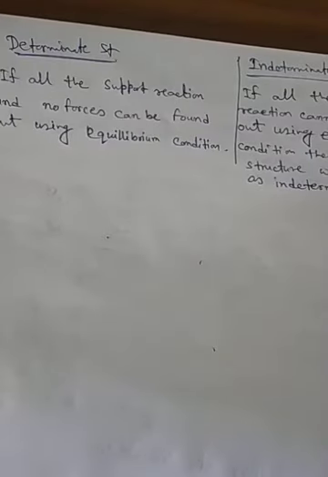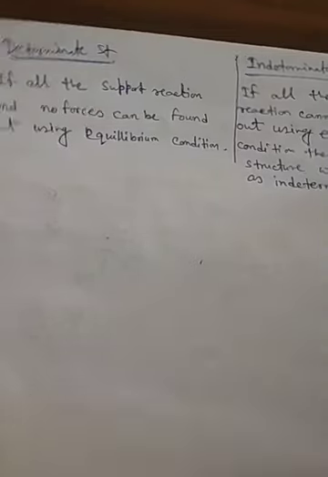You will all know in future what the compatibility equation is, in the form of slope and deflection. Okay, and the other point is thermal stresses due to temperature change are not developed in case of determinate structure. But in case of indeterminate structure, stresses will be developed due to temperature change or settlement. Take a note of this.